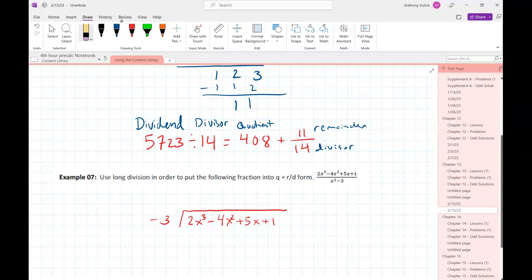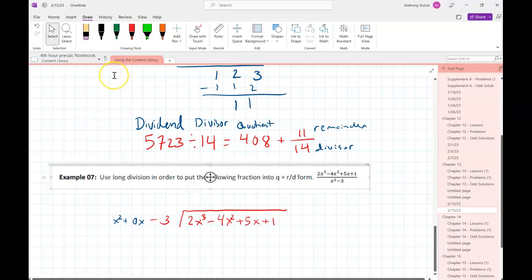So the way I would write this is x squared plus 0x minus 3. Now, is it critically important that I put that 0x there? No. The problem is still recoverable if you don't do that.